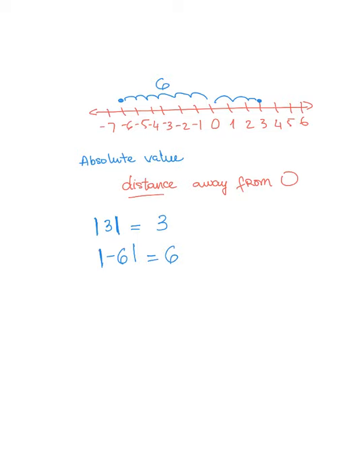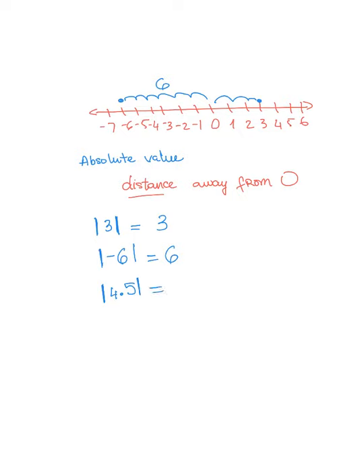Okay, now absolute value can also be a decimal, because it's gonna happen for rational numbers and irrational numbers as well. As long as it fits in the number line, we count it. Okay, what if I'm looking for the absolute value of 4.5?